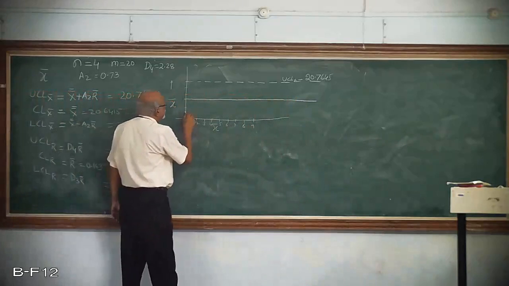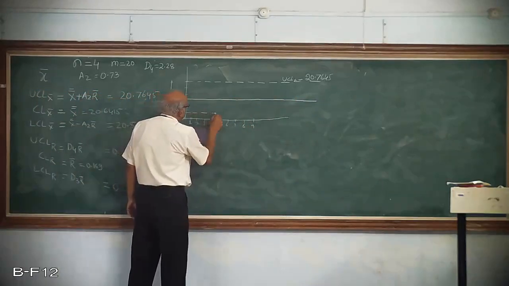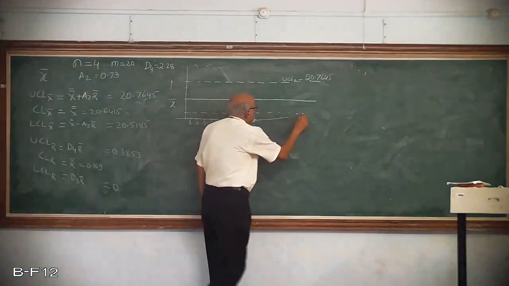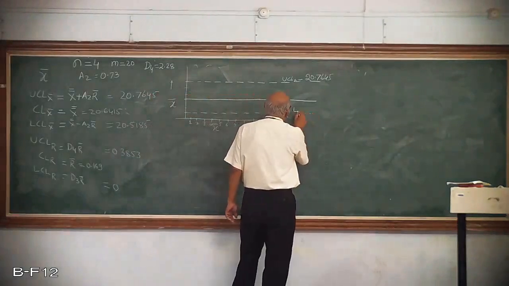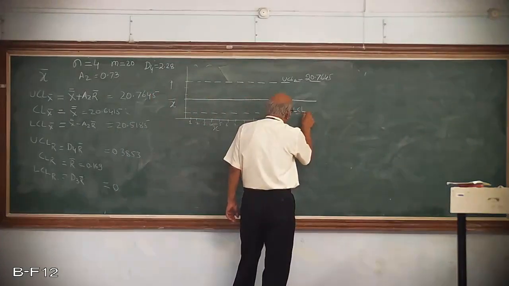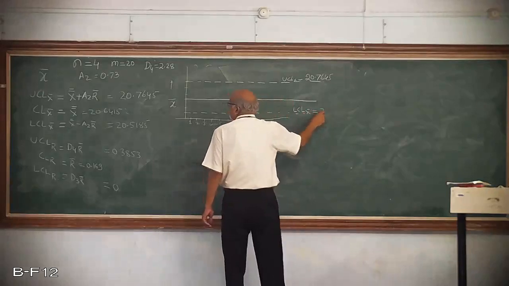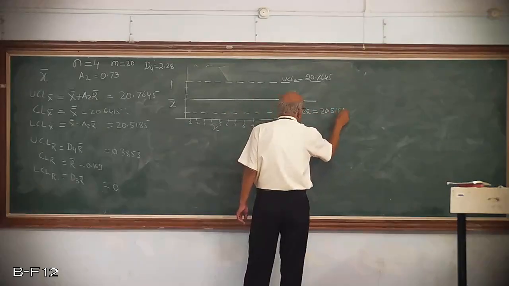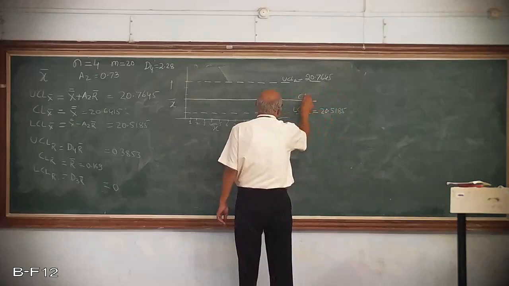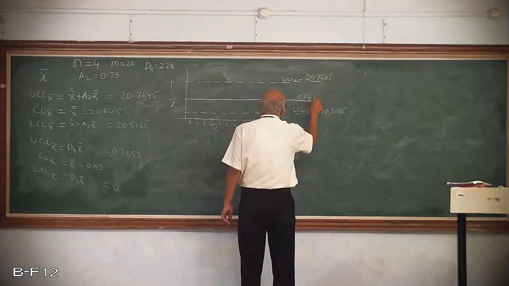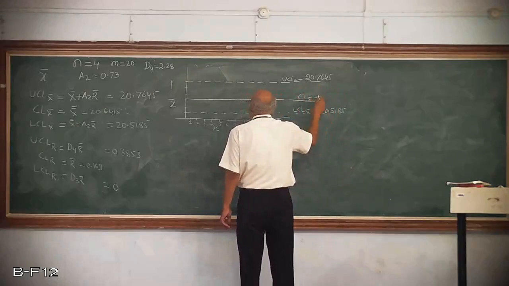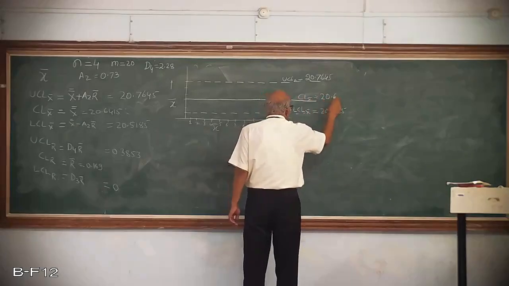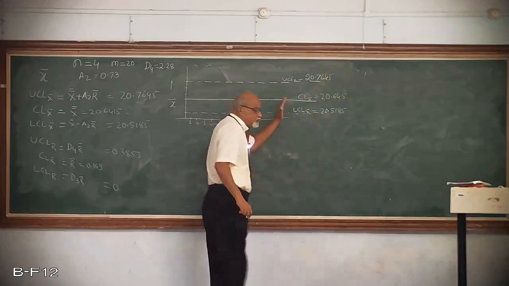And here I am going to represent the lower control limit as a dashed line. So this one is LCL, lower control limit of X bar, equal to 20.5185. And the central line of X bar chart is 20.6415. That is how you need to represent.